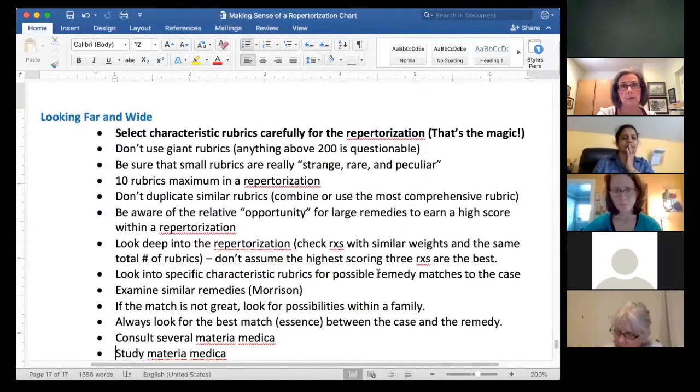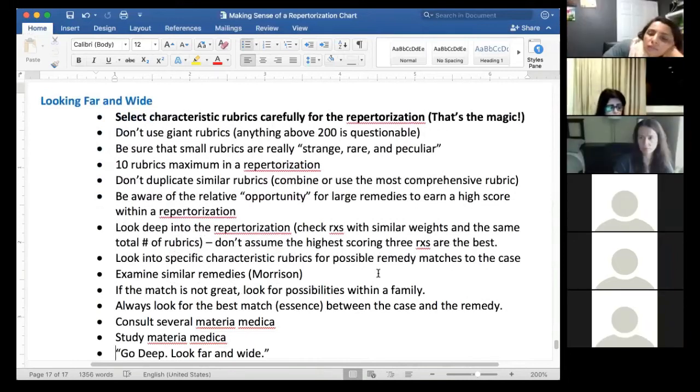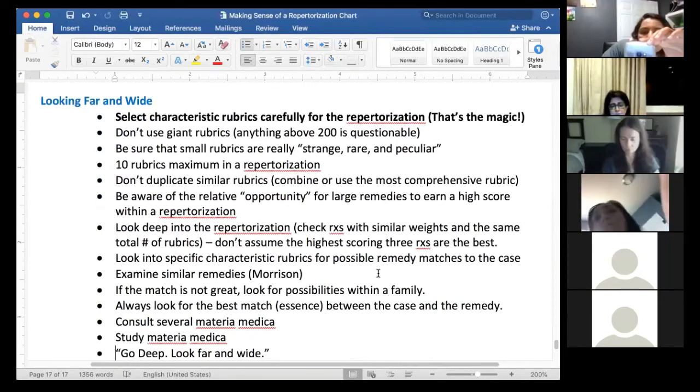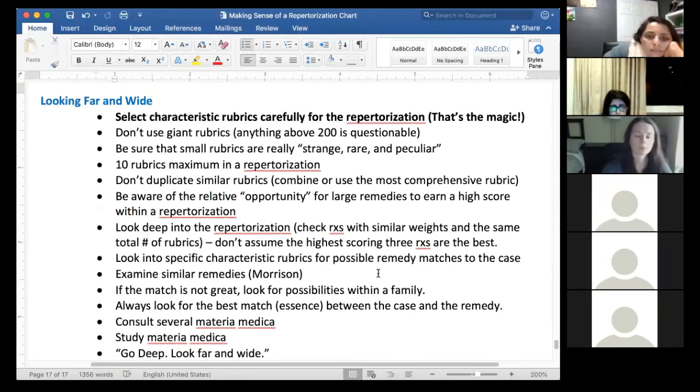So just as a review of the things that we've gone over: select characteristic rubrics carefully. That's the magic in a repertorization. The symptoms that you pick out, and then the match of the rubrics to the symptom is going to be key. And then don't use giant rubrics.